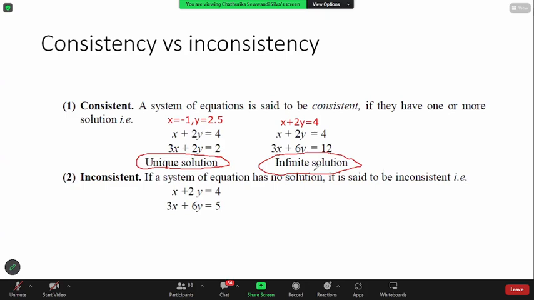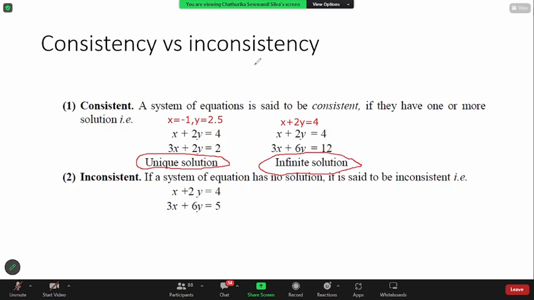Can anyone say how this happened? Is there anyone who can show us how this has an infinite number of solutions?